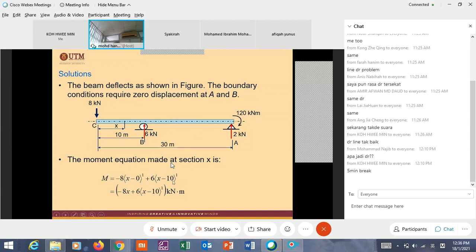This is the moment equation for any point between C and A, not only between C and B. Maybe this figure, this X or this arrow should be somewhere here. Again, this X should be shown here. Therefore, you are here now.